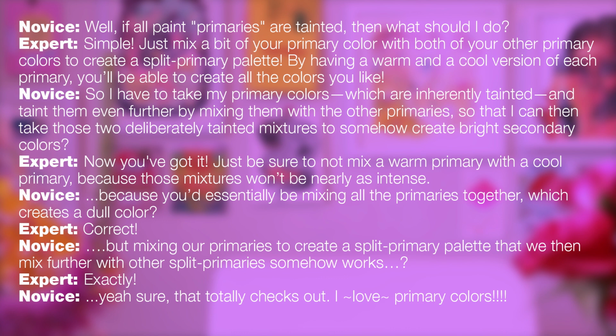Now you got it. Just be sure not to mix a warm primary with a cool primary because those mixtures won't be nearly as intense. Because you'd essentially be mixing all the primaries together, which creates a dull color? Exactly. But mixing our primaries to create a split primary palette that we then mix further into split primaries somehow works? Exactly.